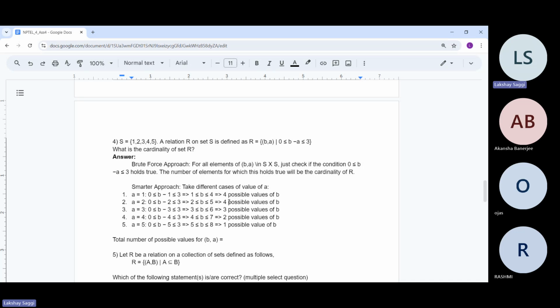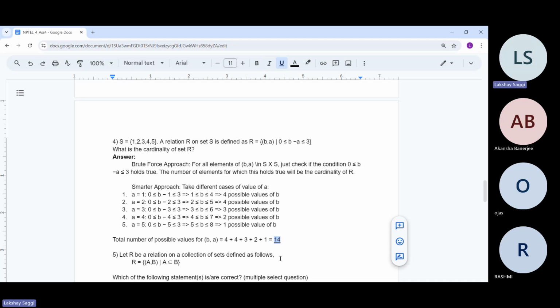So it will be 4 plus 4, 8 plus 3, 11, 11 plus 2, 13, 13 plus 1, 14. So it will be 4 plus 3 plus 2 plus 1. And this will come out to be 14. And so this is the final answer.